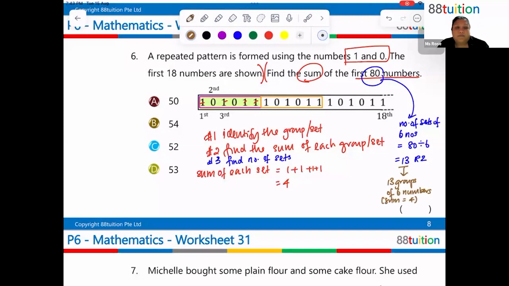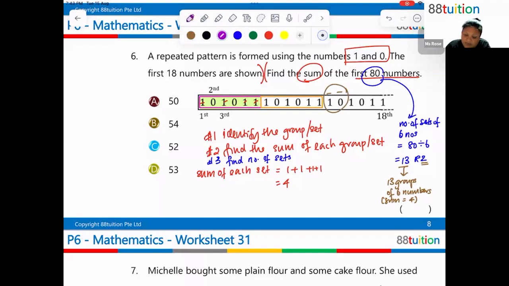So there are 13 groups plus there's an extra 2 here. What do I do? The extra 2 is similar to this.